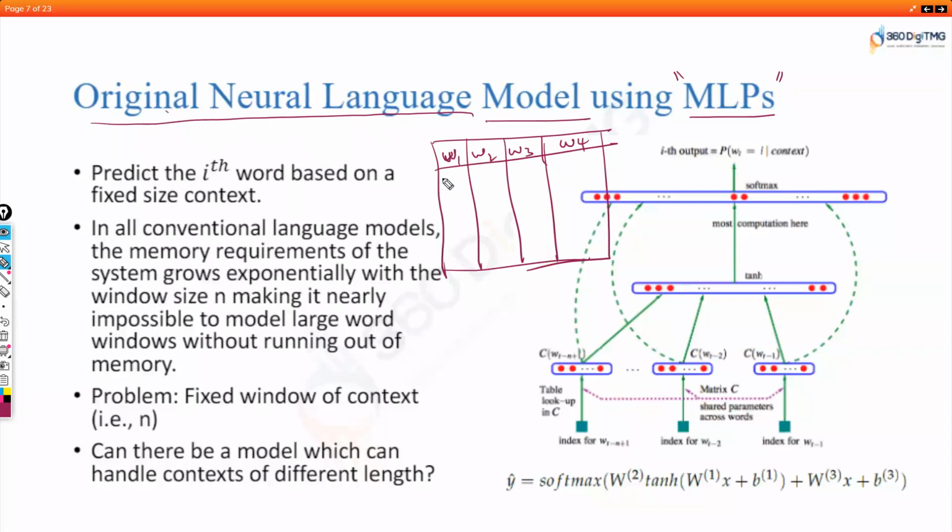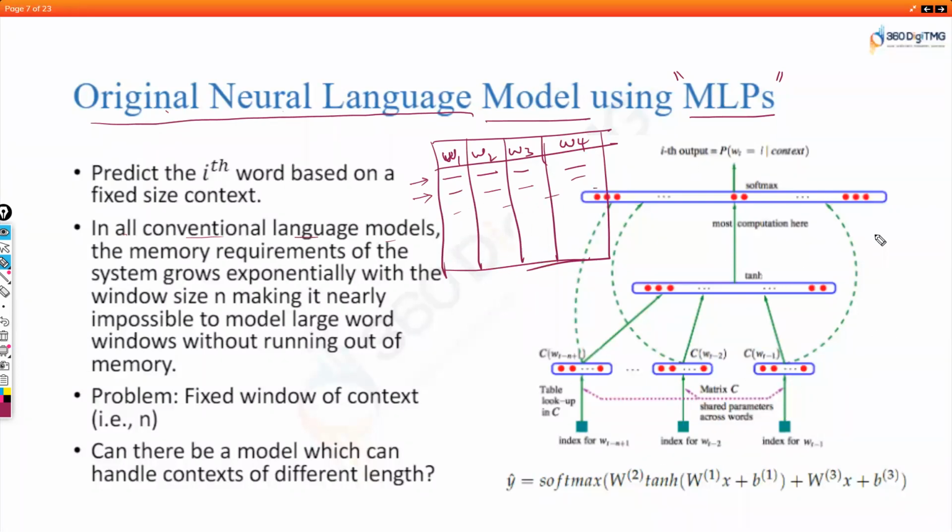So you say original, neural, language, model will be the 4th word. Another example could be all, conventional, language, models. This could be another training observation or row. In that way, you create a lot of rows.